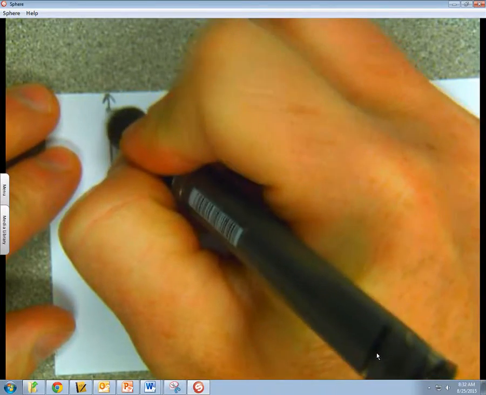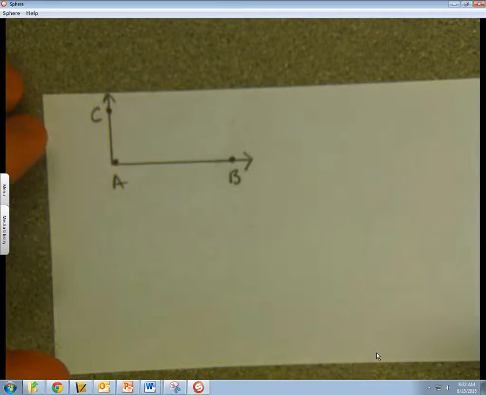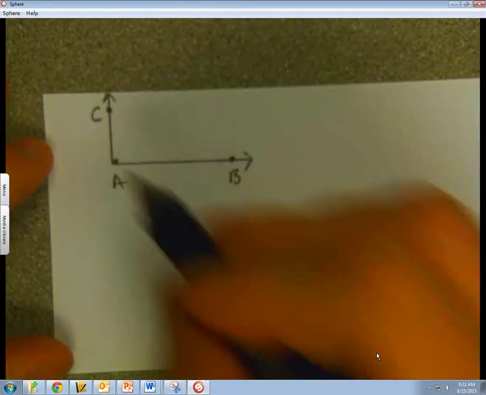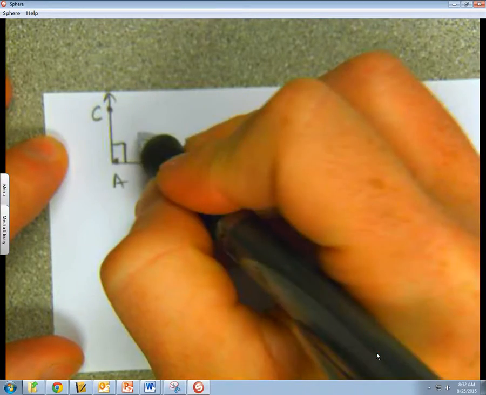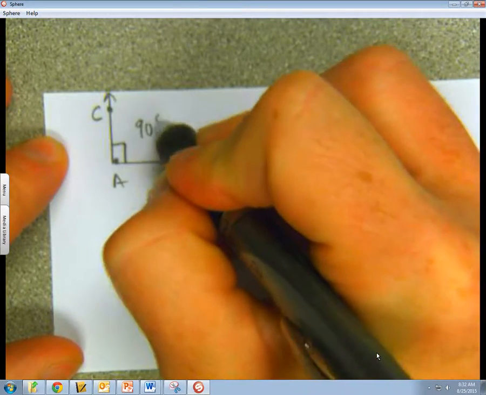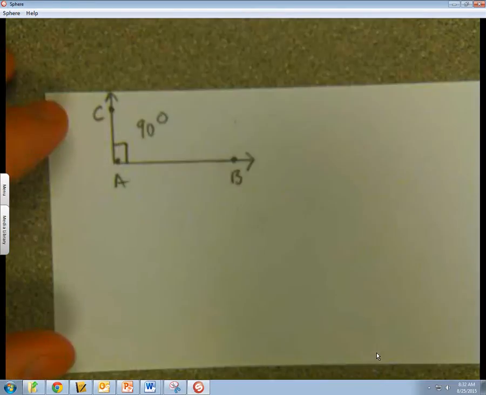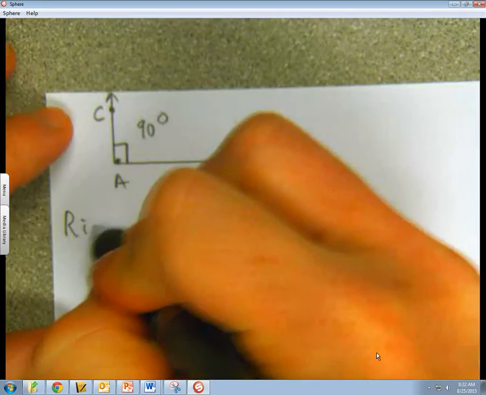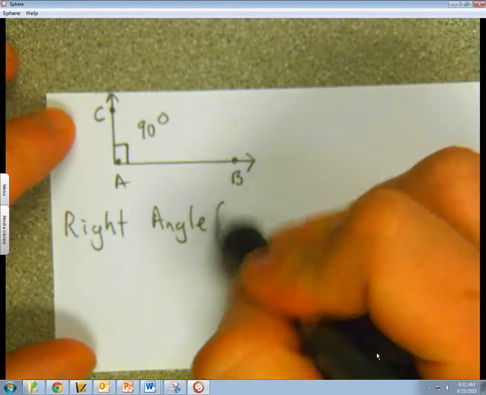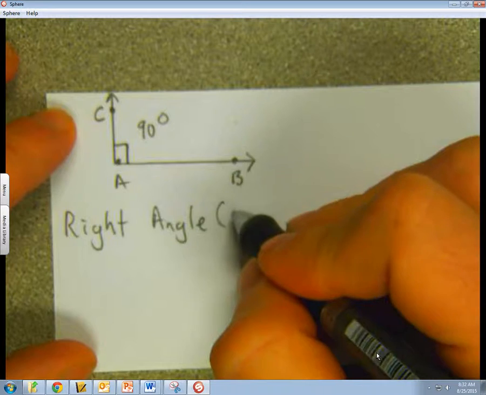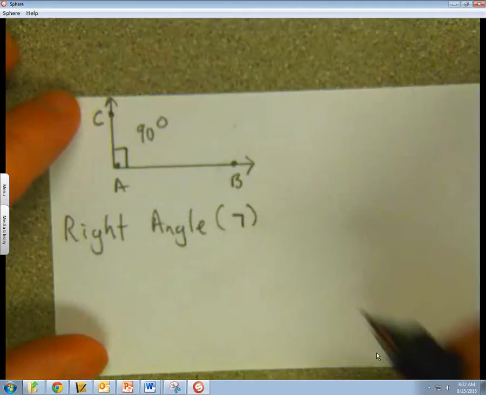So ABC, this is a square angle, which is, we call it this, and it is 90 degrees. Okay, so a right angle, which we denote or notate with this symbol, right, is 90 degrees. It's a square corner.